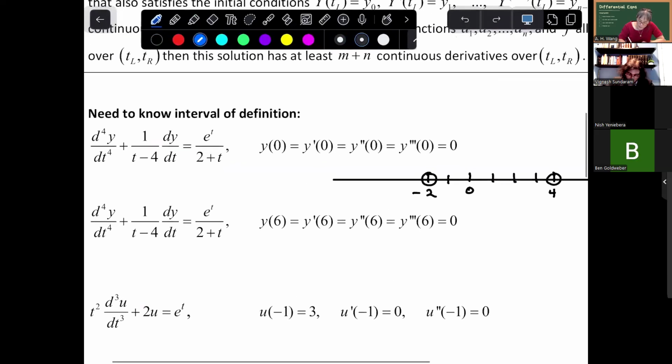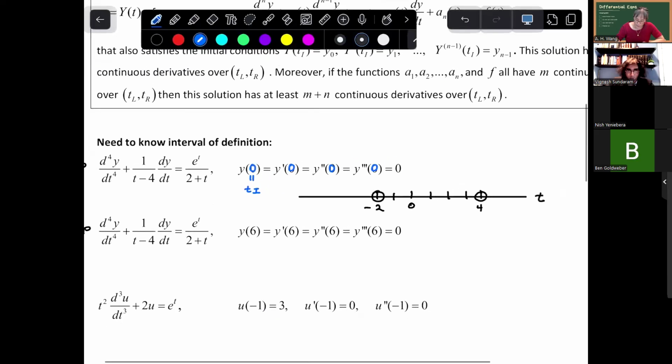Notice this is the initial time. So we don't want -2 and 4, but you look for your initial time, and that was the 0. So that's right here. This is your initial time, and it goes right here.